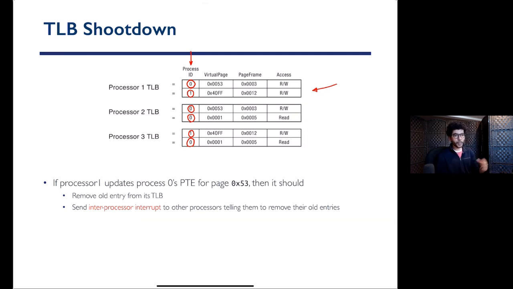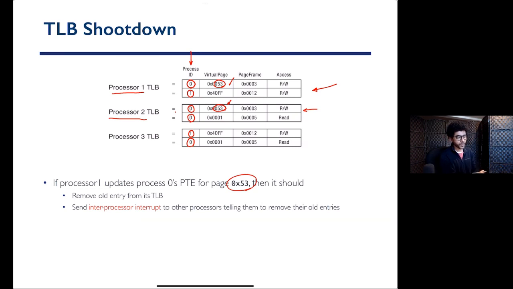But we can't stop at that point, because for process 0 and this particular page, which is page 53, I have an entry in processor 2 as well. So this entry for this particular virtual page exists in 2 processors' TLBs, in TLB1 and in TLB2. If I only update TLB1 and leave this one unchanged, then next time that I run process 0 on processor 2, I'm going to have a wrong entry in the TLB.